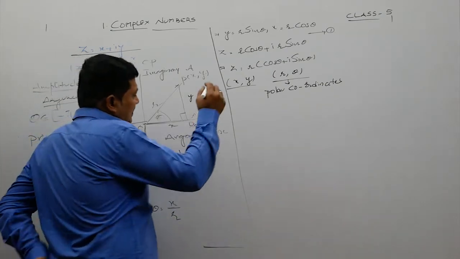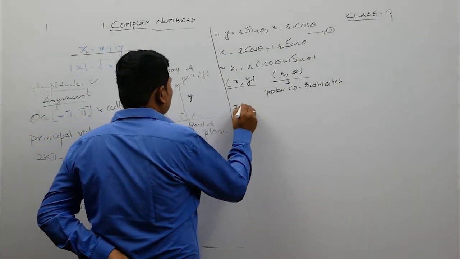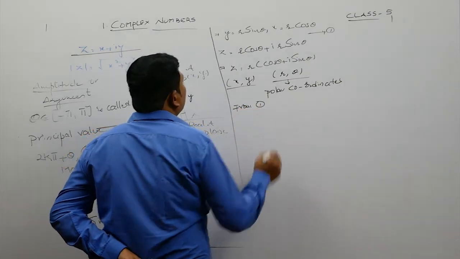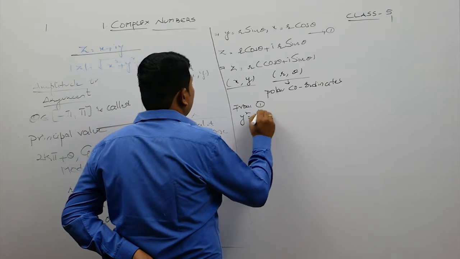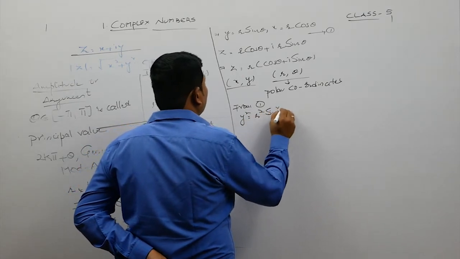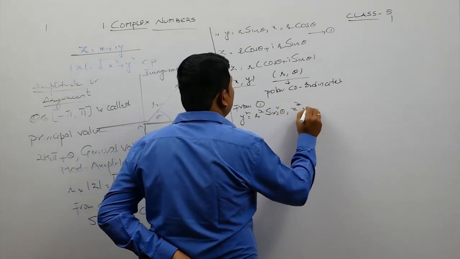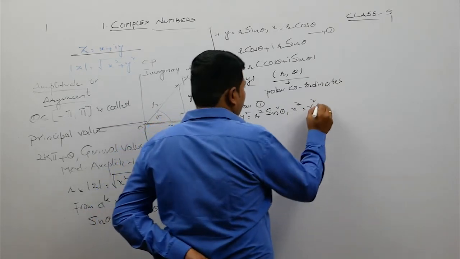Again, you can see here from 1, squaring on both sides, y square is equal to r square sin square theta, as well as x square is equal to r square cos square theta.